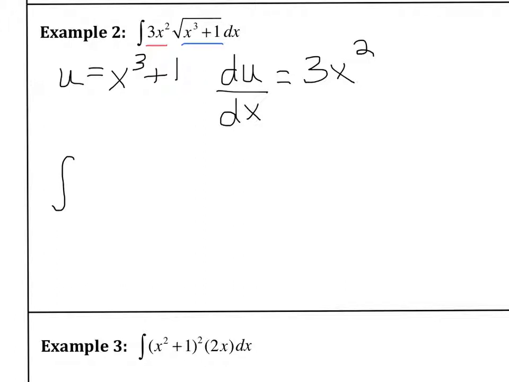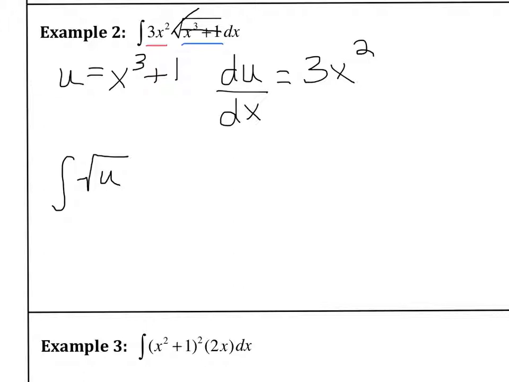Instead of writing root x cubed plus 1, I can just write root u. So guess what? That took care of the radical, and that took care of this x cubed plus 1. So I still have to get a 3x squared in there and a dx. That's got to get in there somehow.